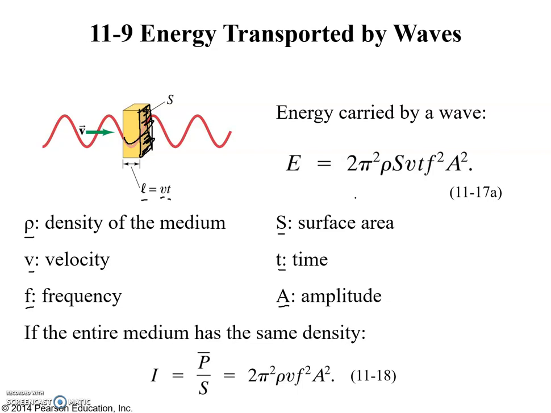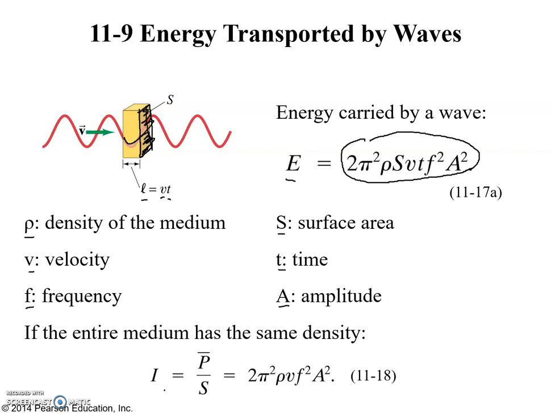So when we take all those things into consideration, 2 pi squared times density times surface area times velocity times time times frequency squared times amplitude squared. I know that's a lot of variables, but we're just multiplying them all together, or squaring a couple of them, gives us the energy carried by a wave. Okay?